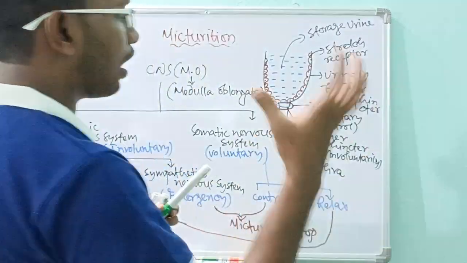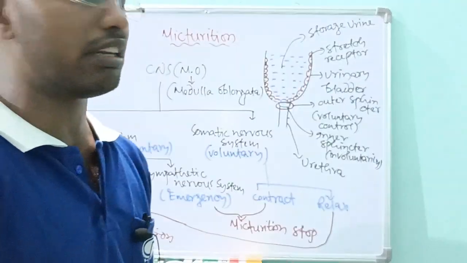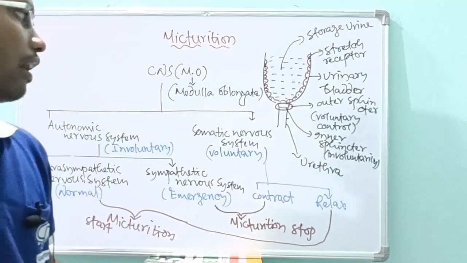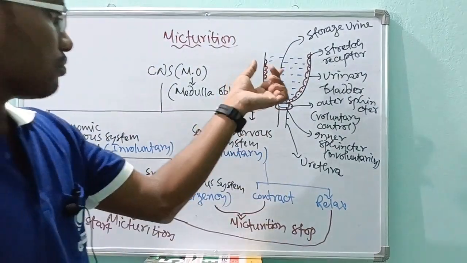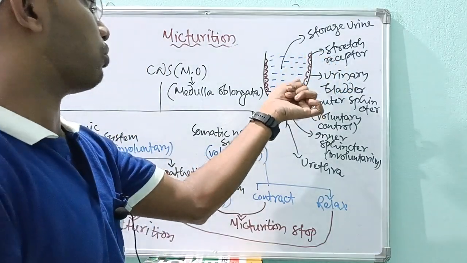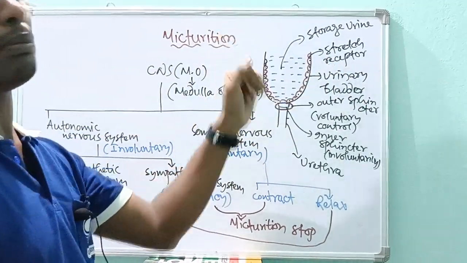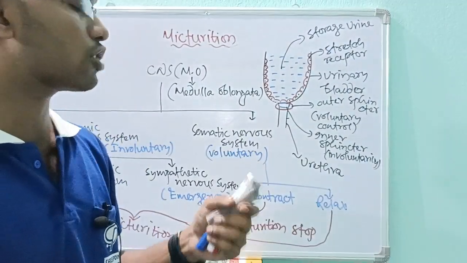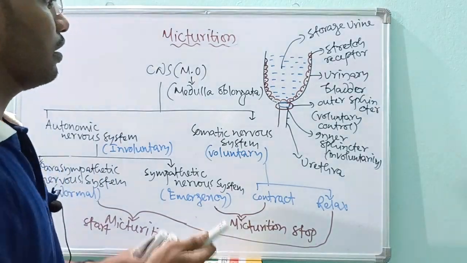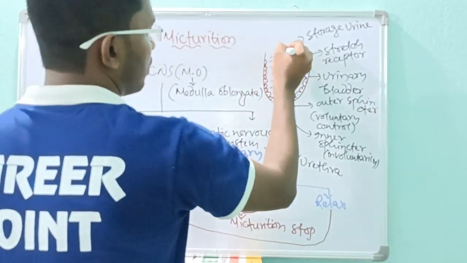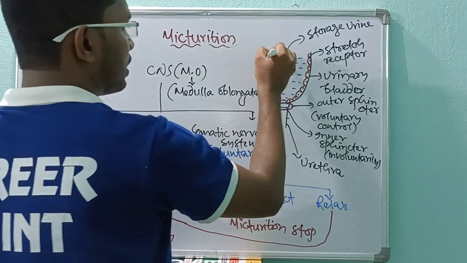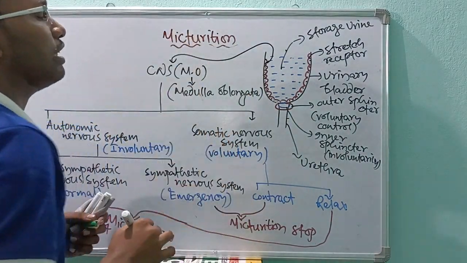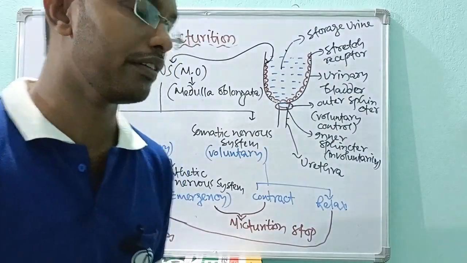So if an excessive amount of urine comes to the urinary bladder, the stretch receptor present inside the urinary bladder is stimulated, and then it receives an impulse and transmits it to the central nervous system of the brain.